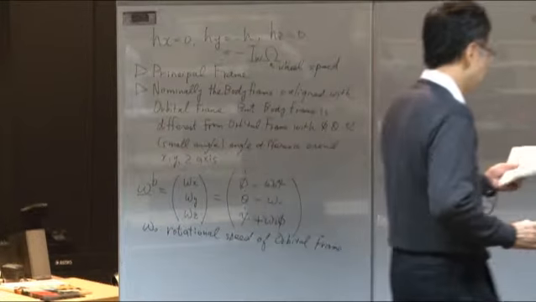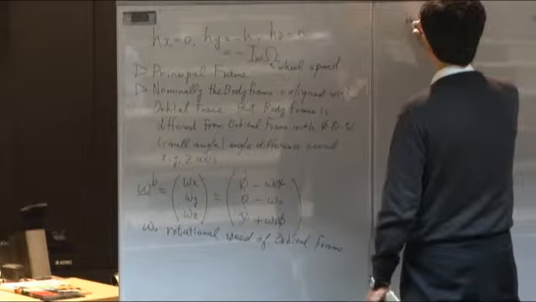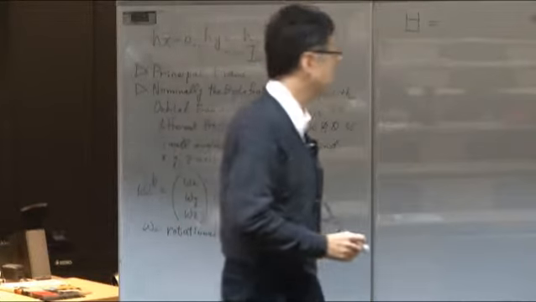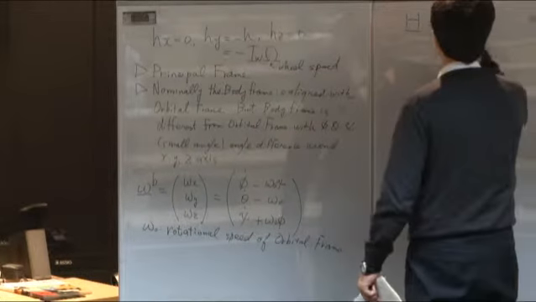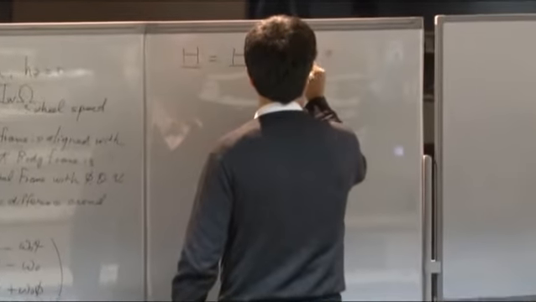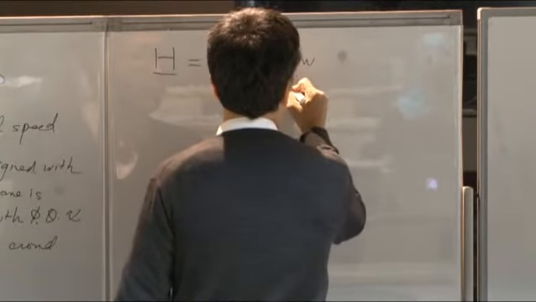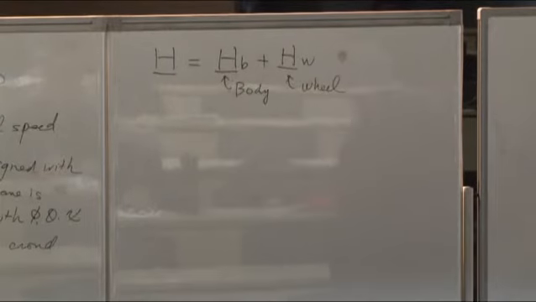Okay, so this is one, and now I'd like to write the total H. H is the angular momentum of the total satellite. It can be written as a summation of the body angular momentum plus the wheel angular momentum, body plus wheel.